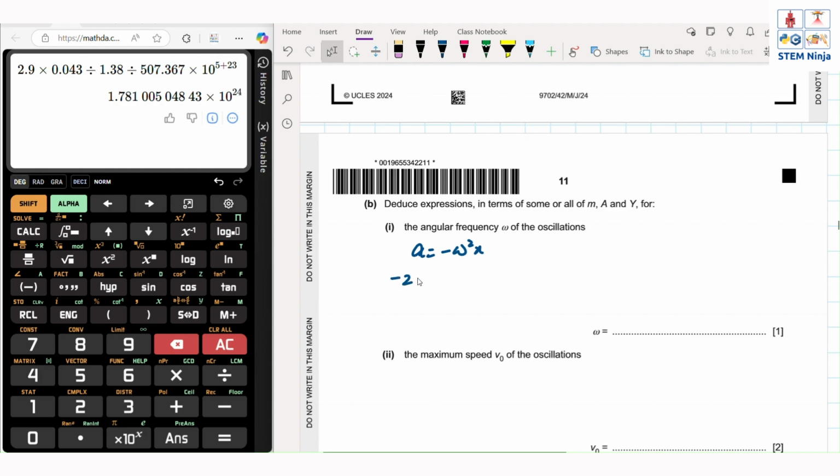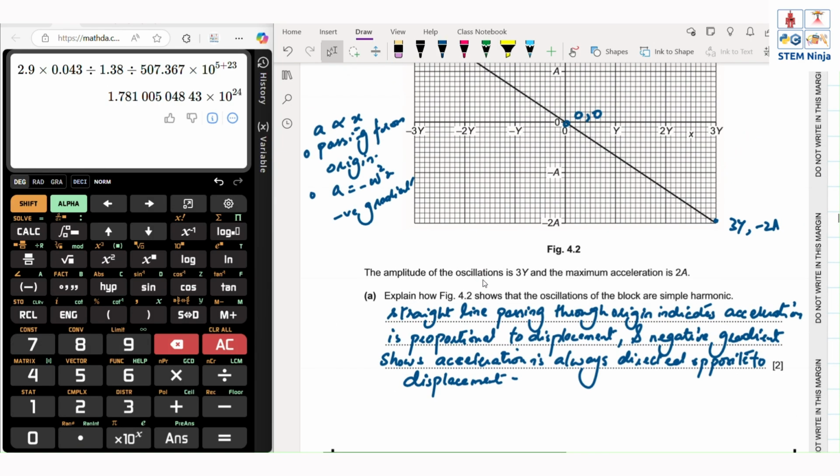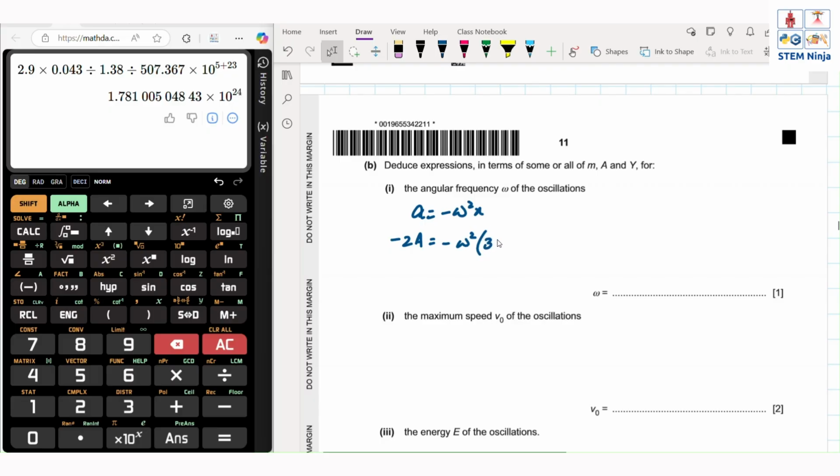So minus 2a is equal to minus omega squared times 3y. The minus cancels, so omega squared is equal to 2a over 3y, which means omega is the square root of 2a over 3y.